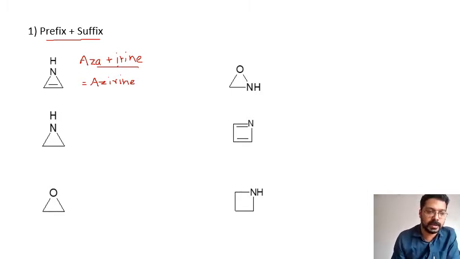And the next one is a saturated analog. Again it is with nitrogen, so the prefix is again aza, and the suffix, as it is saturated, is iridine. So the name will be aziridine.